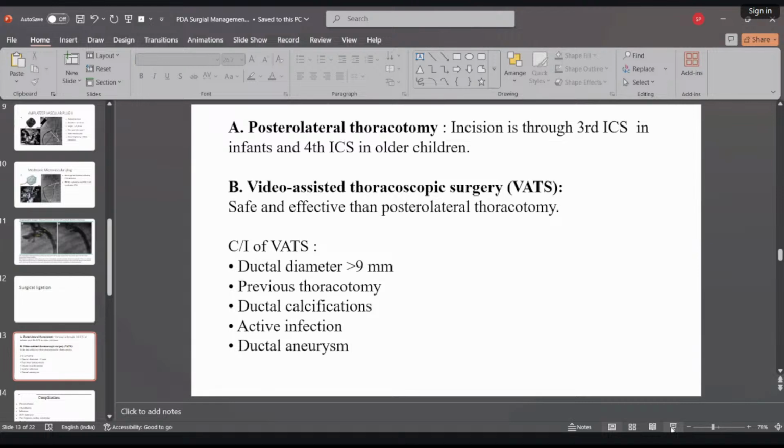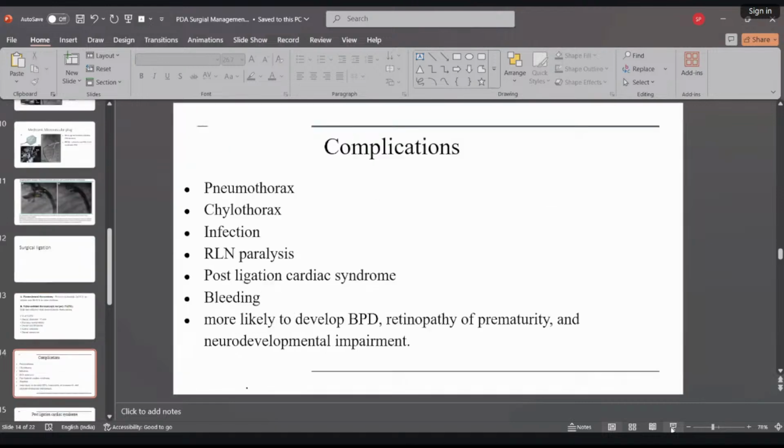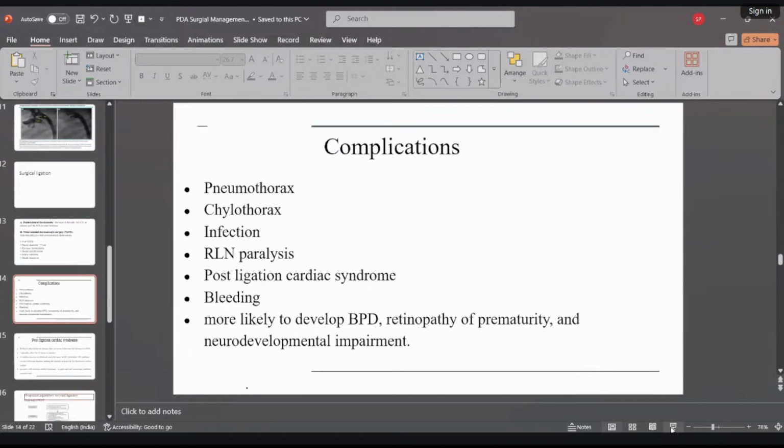Contraindications are ductal diameter more than 9 mm, previous thoracotomy, ductal calcification, active infections, and ductal aneurysm. Complications associated with surgical ligation are pneumothorax, chylothorax, infection, laryngeal palsy, post-ligation cardiac syndrome, bleeding, and more.